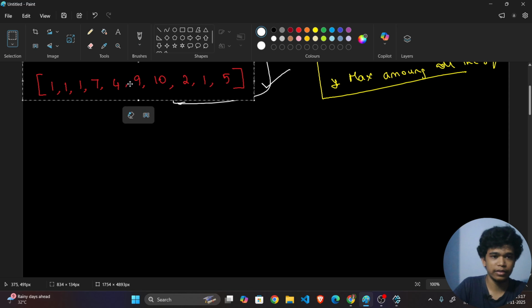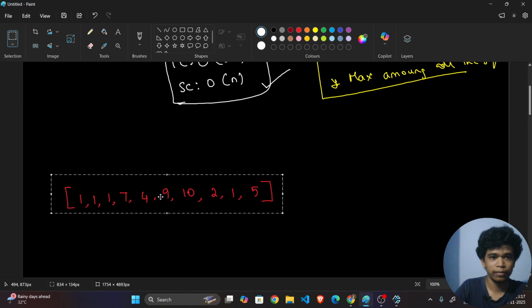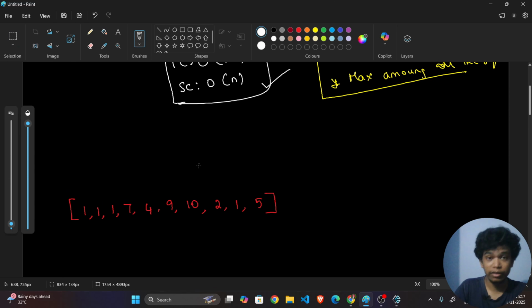Let me take the same example now. For this example I would like to draw a graph so that you can understand this clearly. Initially it is 1, so it will be like this. Now 7 means the graph will go up. Now again 4 means it will go down.